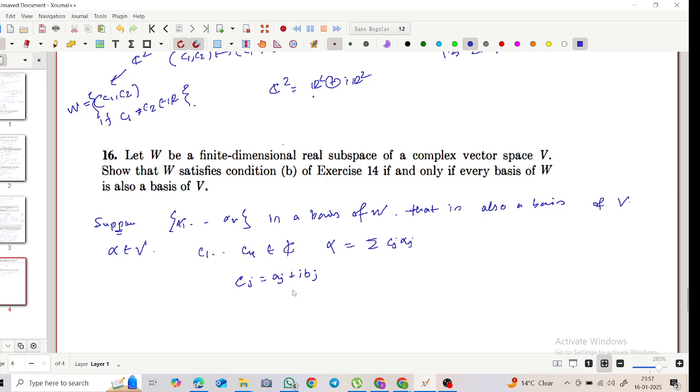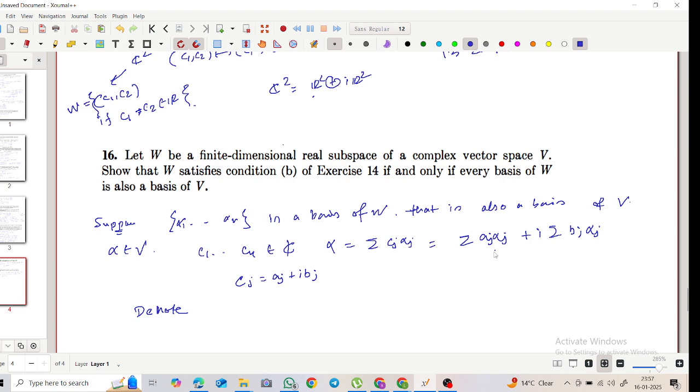Okay. Now see, understand this thing. What does alpha become then? It becomes summation Aj alpha j plus i Bj alpha j, right?